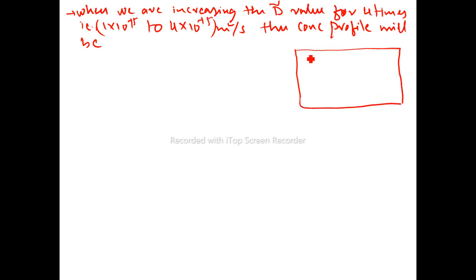See, here it is. This depth increases to double.